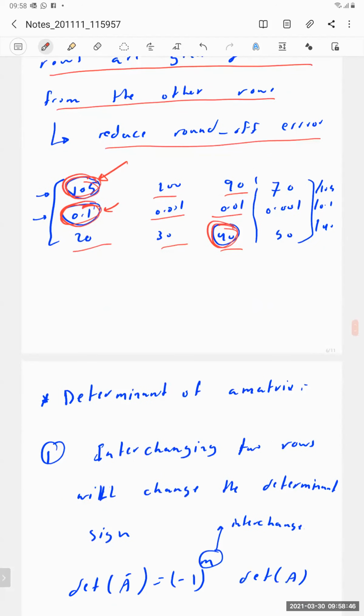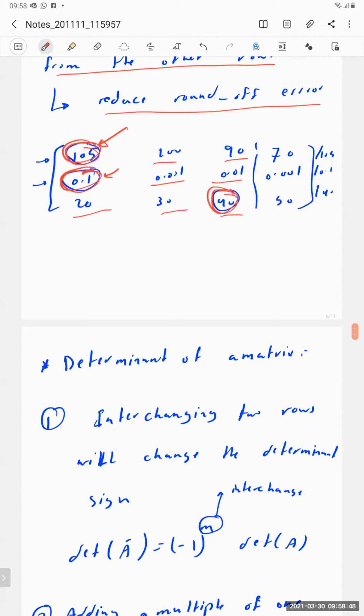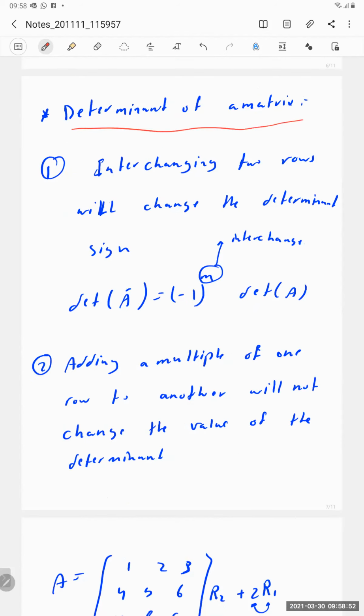determinant حكينا كيف راح تتأثر determinant في موضوع interchanging. إذا interchange two rows will change the determinant sign، so determinant of A prime equal minus 1 to the power m عدد ال interchanges times the determinant of A الأصلية.